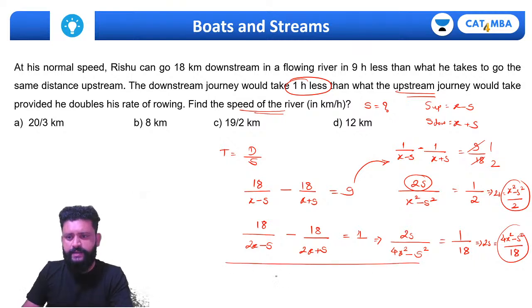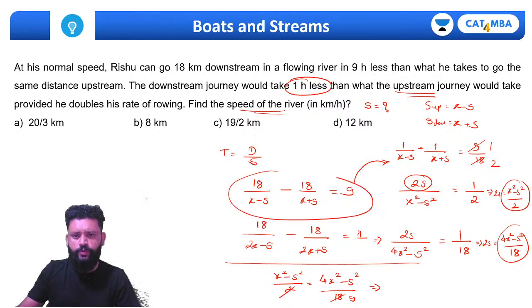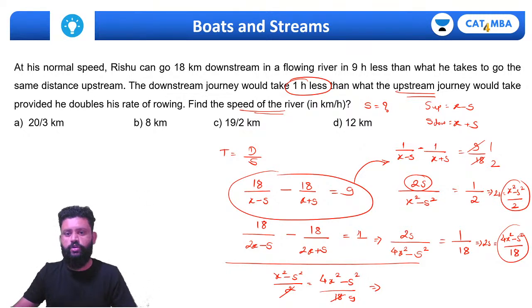So if we compare this, x square minus s square upon 2 is equal to 4x square minus s square upon 18, 9. So multiplying by 9, we are getting the relation between x and s. Once you get that, we can simply put it here and get the value of s. Okay, so let's say this is equation 1.